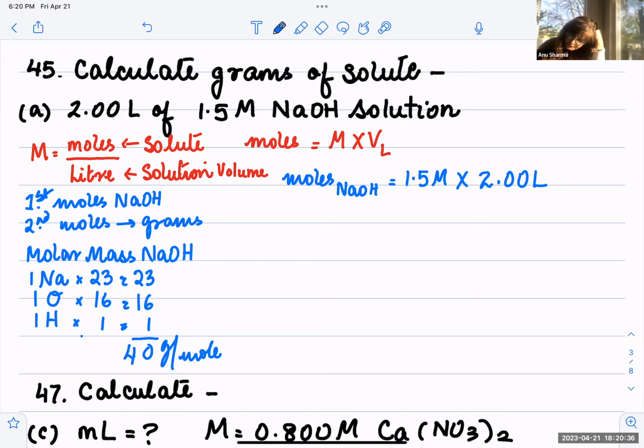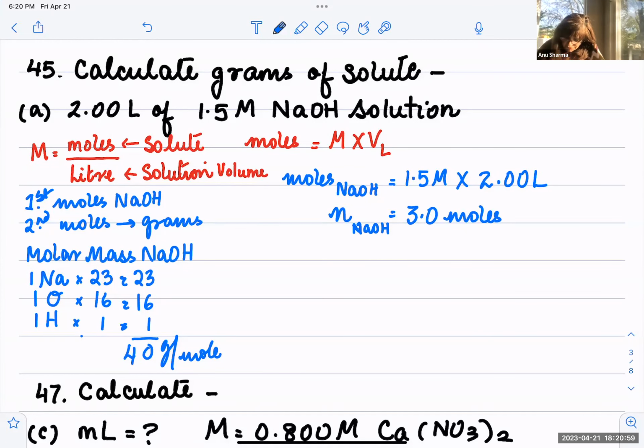So 1.5 times 2, and you get 3.0 moles, and these are the moles of NaOH. But the question is asking us how many grams is that? So you will convert that in the next step.